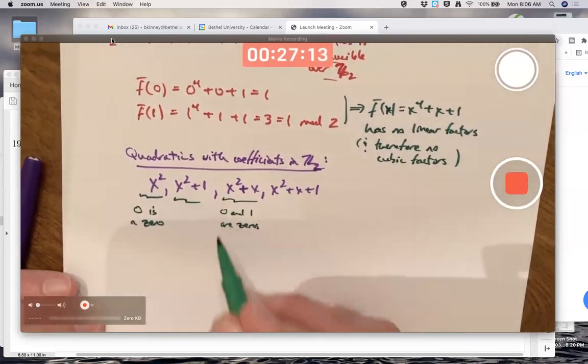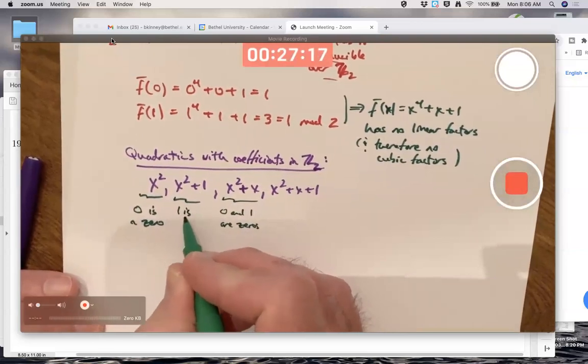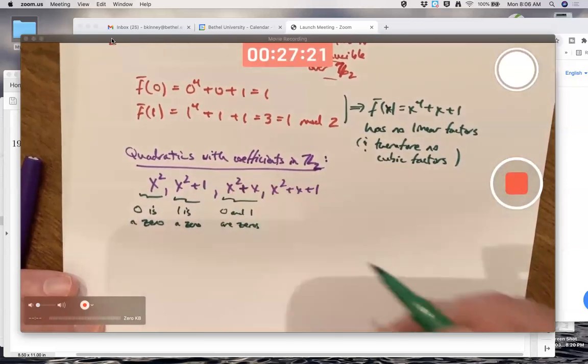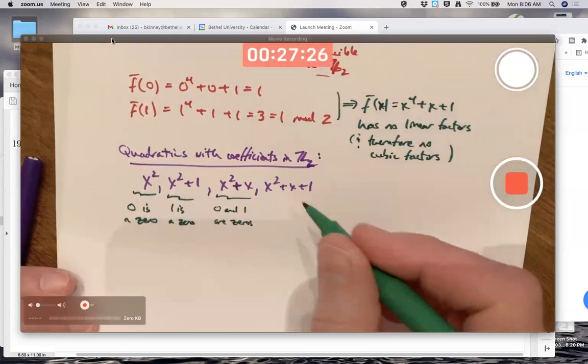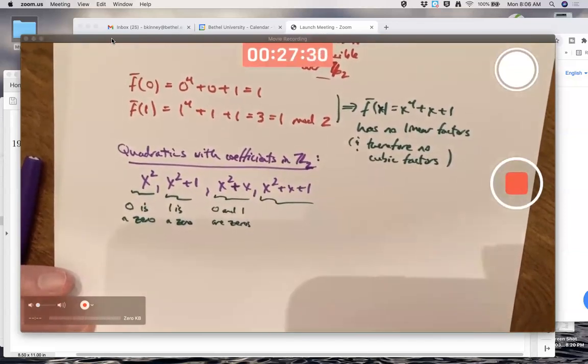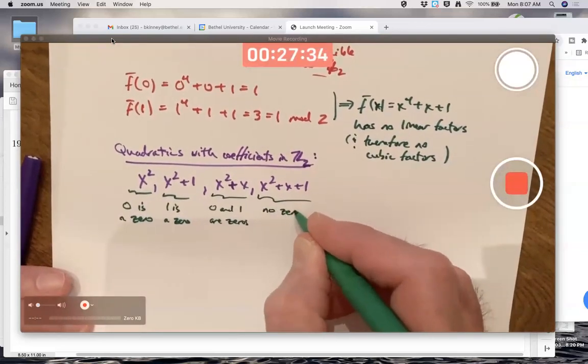This one has 1 as a 0, right? 1 is a 0 because 1 squared plus 1 is 2, which is 0 mod 2. Only this one has no zeros in Z2. So this is the only one we need to check.